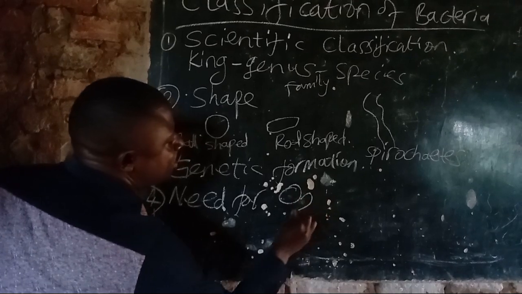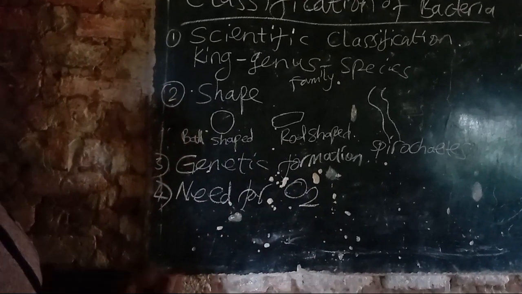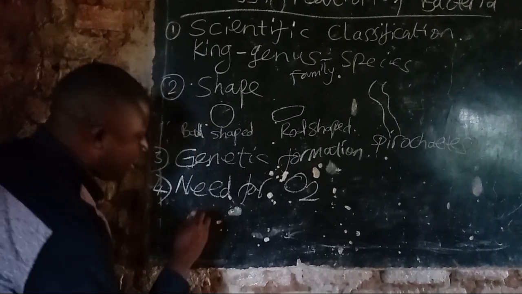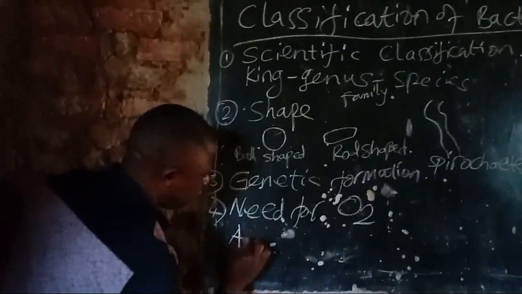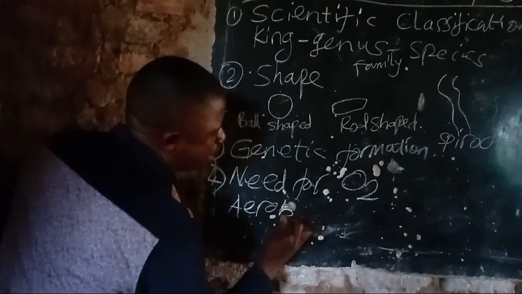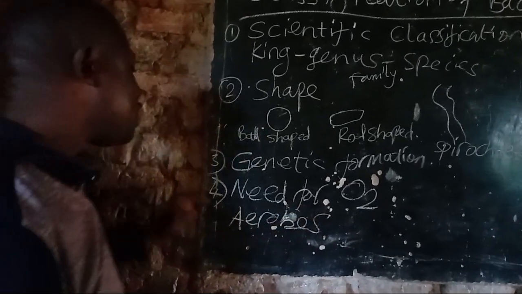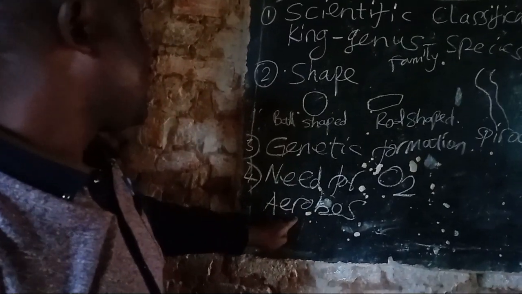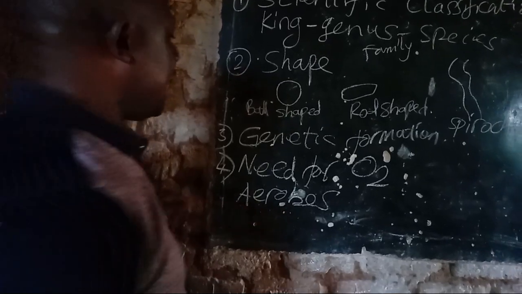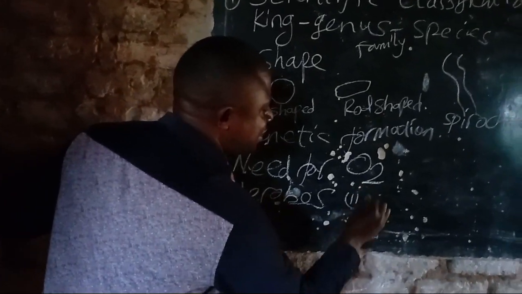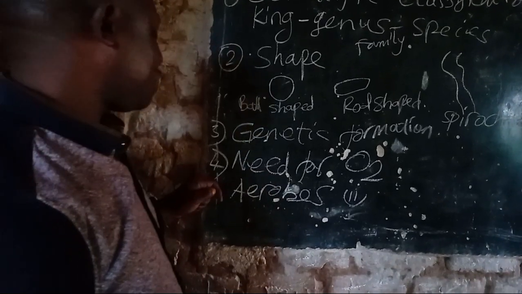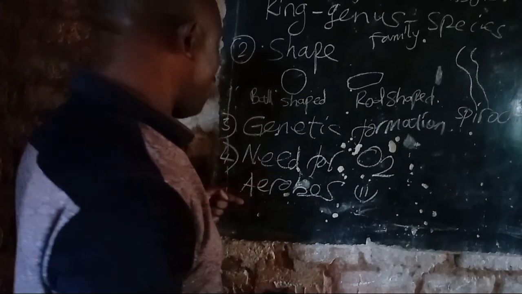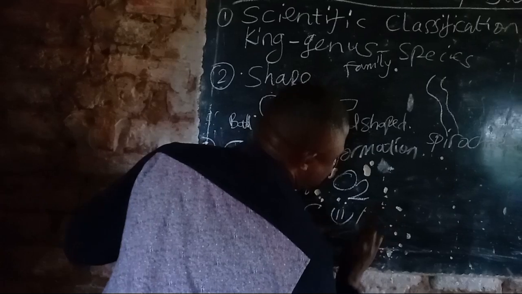Here we classify bacteria as aerobes or anaerobes. Those that can't stay without oxygen are called aerobes, and those that can stay without oxygen are called anaerobes.